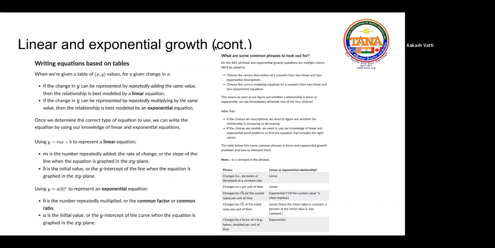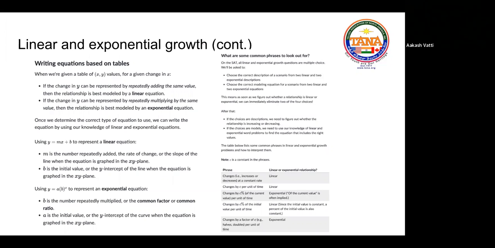So, writing equations based on tables. When we're given a table of x-y values for a given change in x, if the change in y can be represented by repeatedly adding the same value, then the relationship is best modeled by a linear equation. As I said, a linear equation is when the same number is added repeatedly.